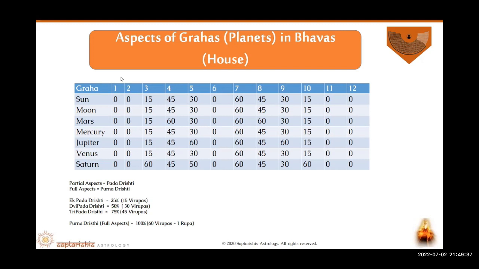From this 25%, I can't predict that your spouse will do a government job. A government job is a very big event for the native, correct? For this kind of event, at least we need a 75% or 100% aspect of Sun. But it is having only 25% influence. So what prediction can we make there?